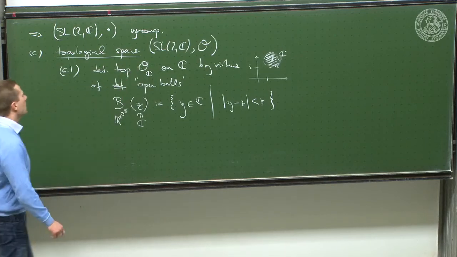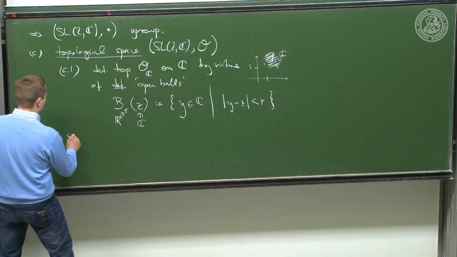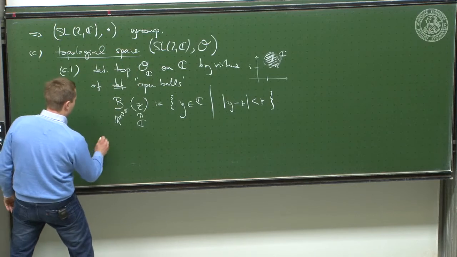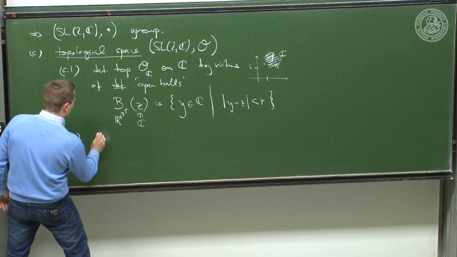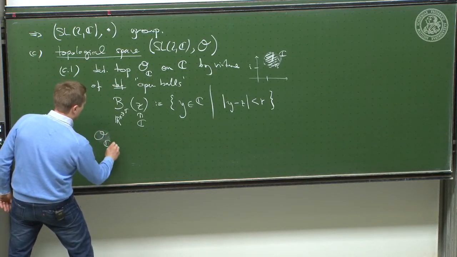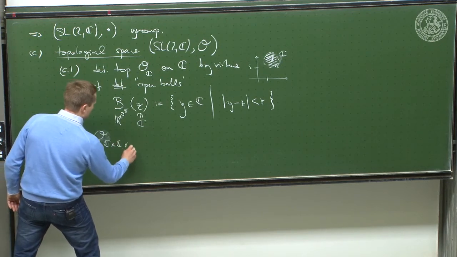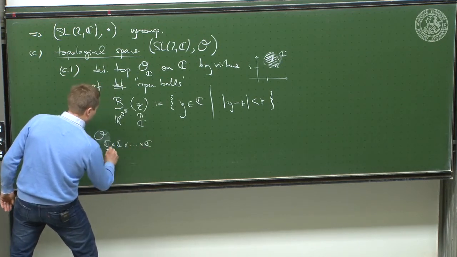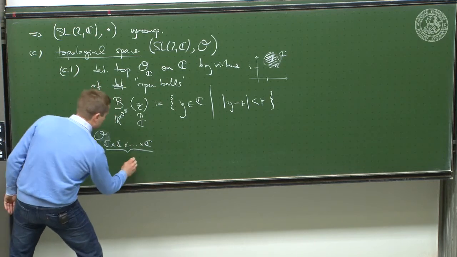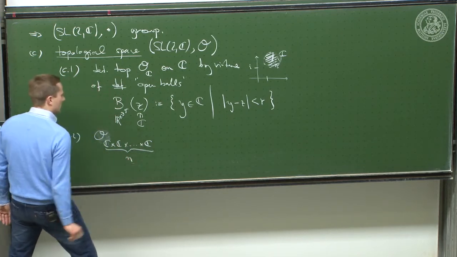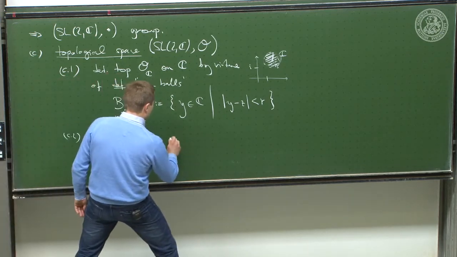Okay, good. So we have this on C, but then very quickly, if we have it on C, then we can define a topology on a finite Cartesian product, so on Cn, as the product topology.